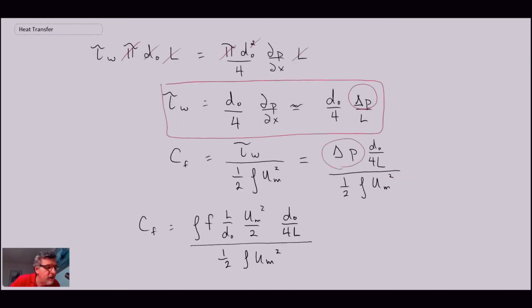Now I can do a lot of cancellations. So we get that the skin friction coefficient is the friction factor divided by 4. I can then take that and put it into the Colburn analogy, and we obtain the following. It's just the friction factor divided by 8.